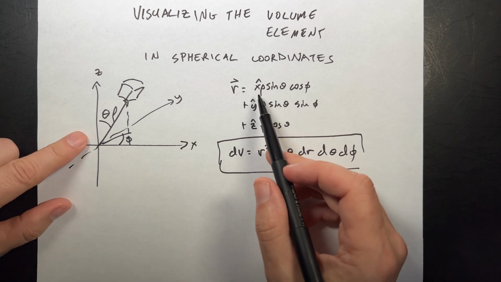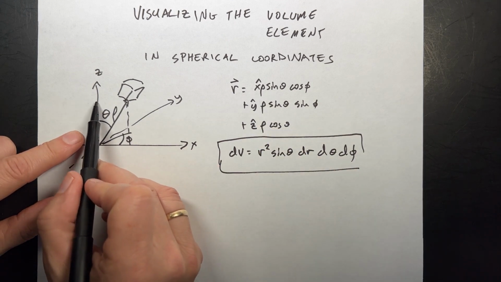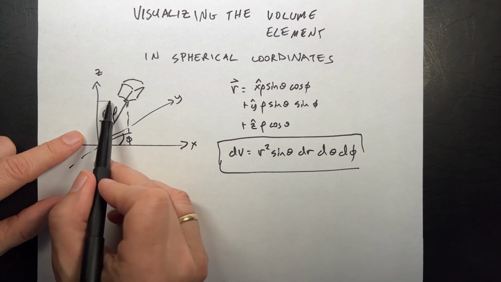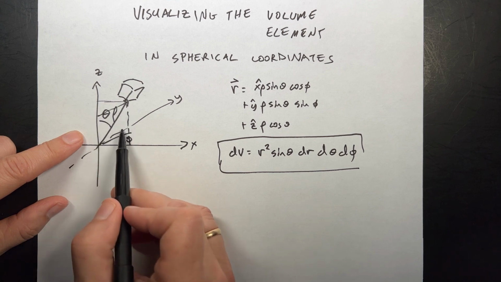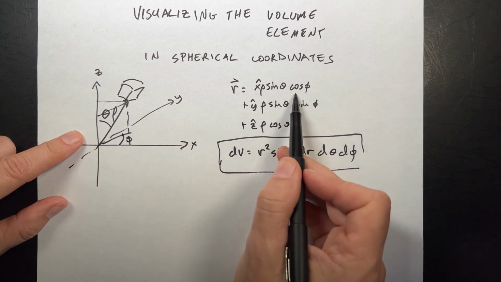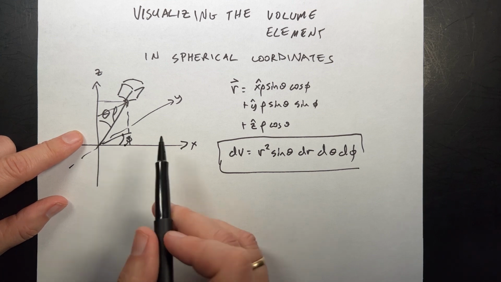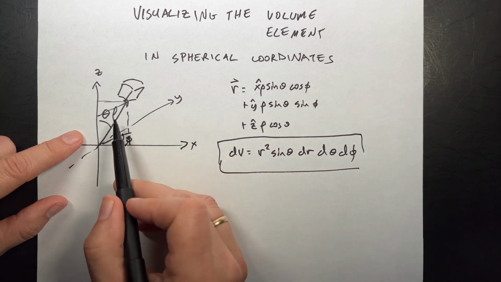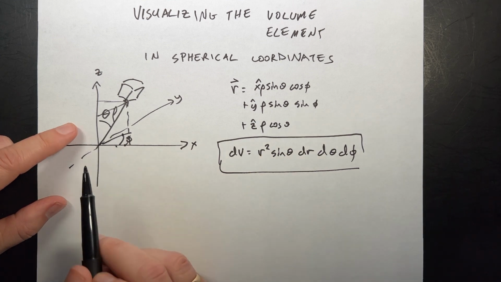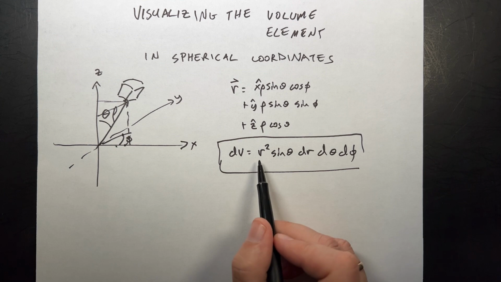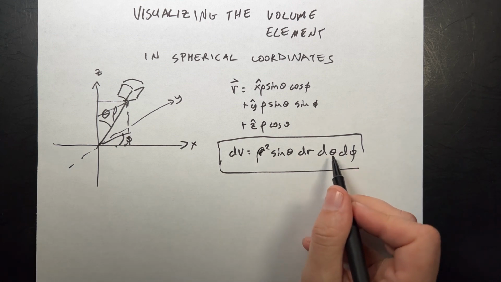So the x value is rho times the sine of theta, and that gives me this component projected down into the xy plane, and then I take cosine phi to find that projection into the x direction. So you have to project twice. For the y component, you project with sine theta into the xy plane, and then sine phi, and the z component is just cosine theta. And then the volume element is rho squared sine theta d rho d theta d phi.